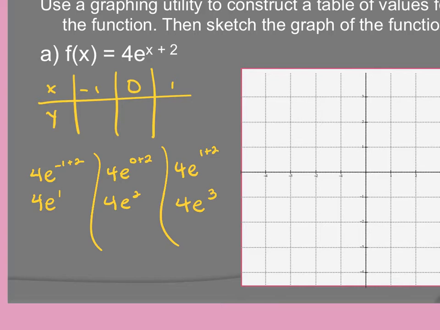4e to the first is 10.9. Obviously, I'm not going to go further than that rounding because how am I going to tell the difference between your graph 10.9 and 10.87? I'm not measuring that. 4e to the second is 29.56, so 29.6.